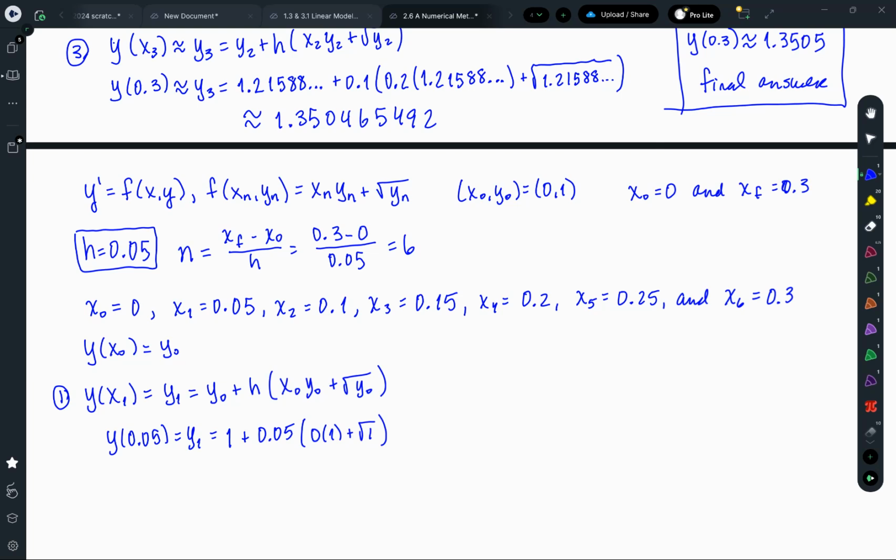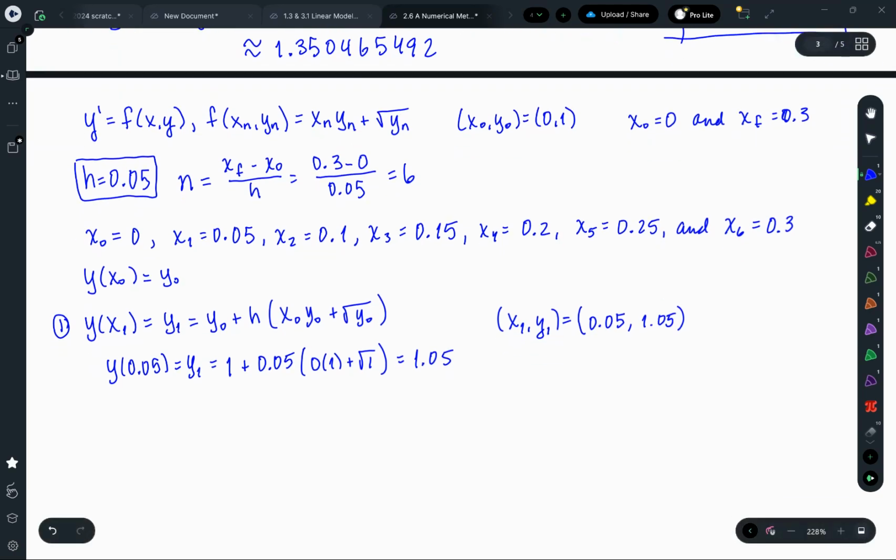Okay, this, when I plug it into my calculator, gives me exactly 1.05. So now I know that x1, y1 is equal to 0.05, 1.05. So that's good information to have, but it's not my final step.